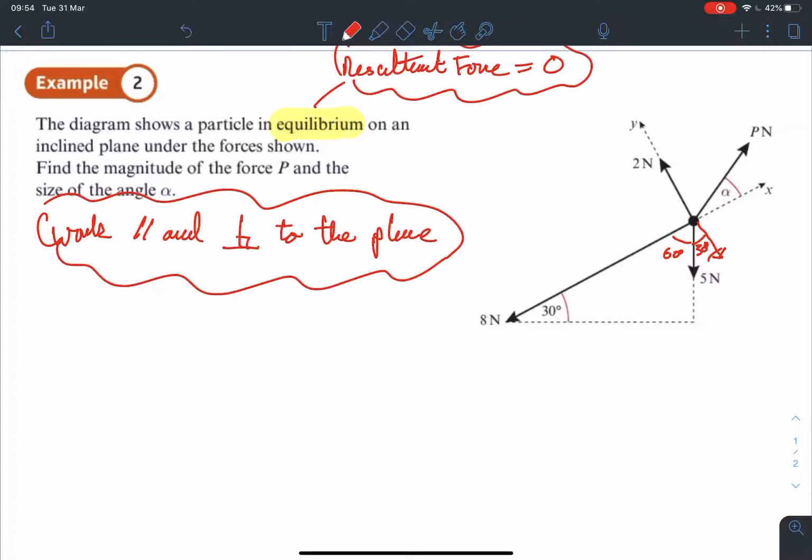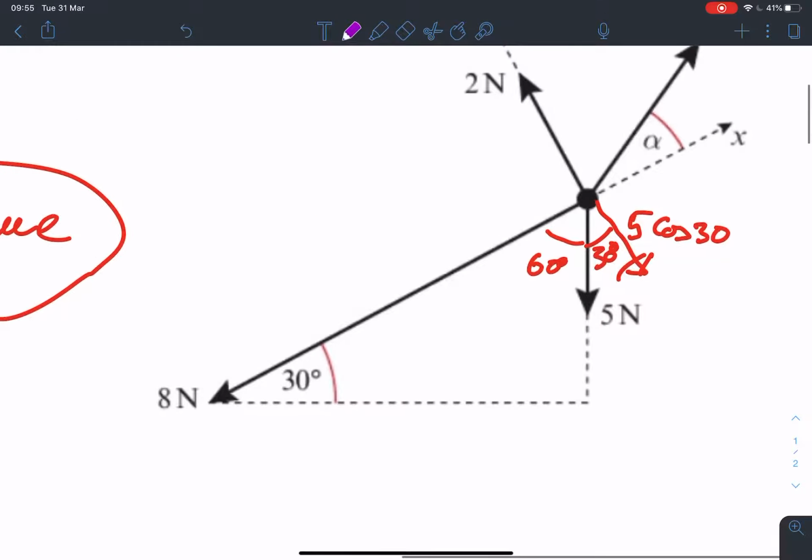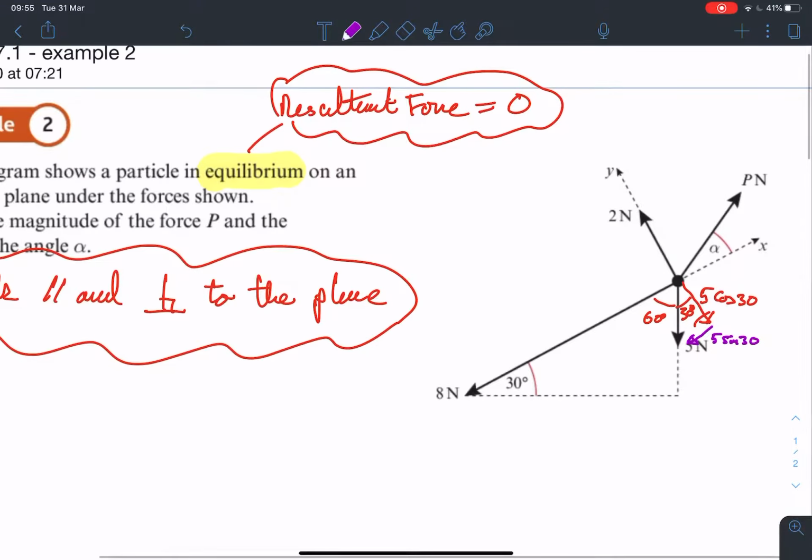So adjacent, we get 5 cos 30, because that is adjacent, and here 5 sin 30. Did you notice that I've actually learned to do something new on the iPad? And make that a little bit larger so it's clearer.